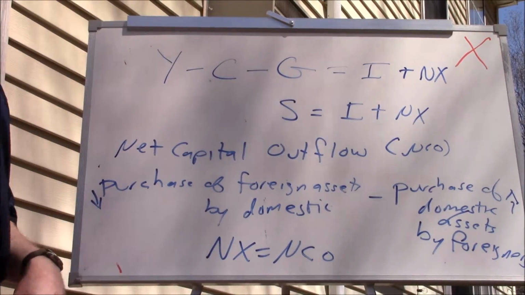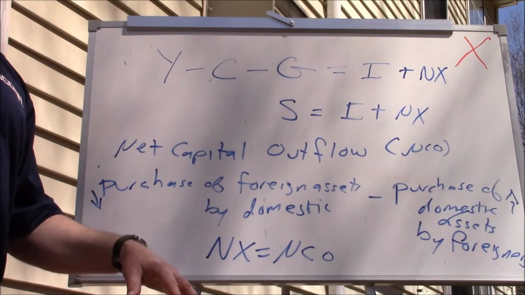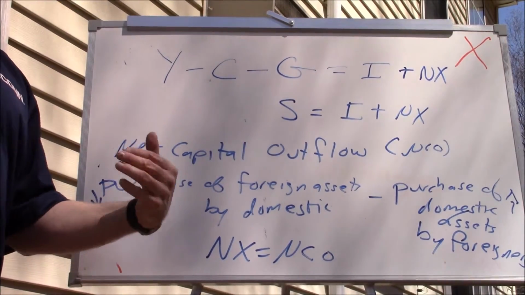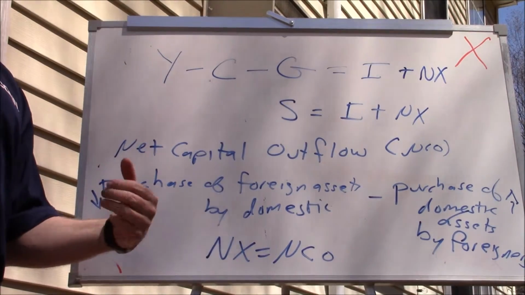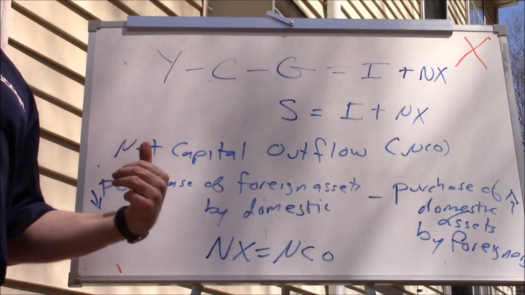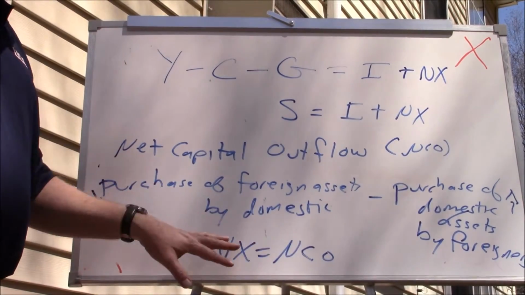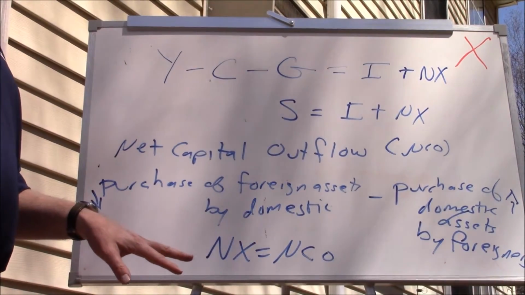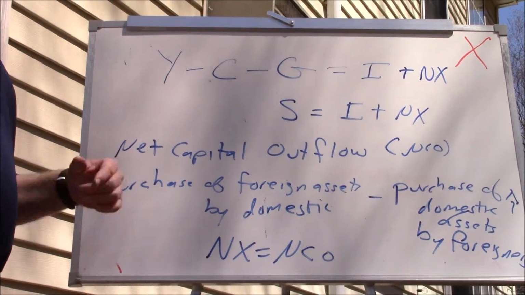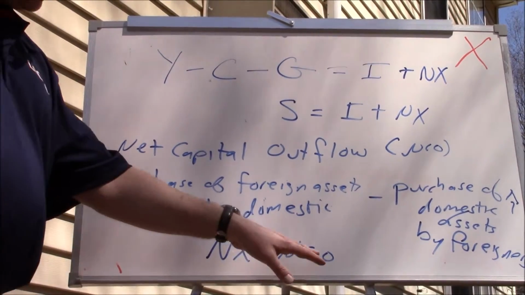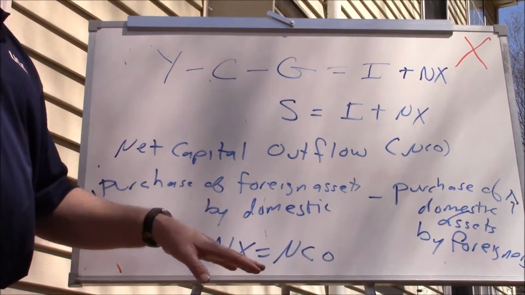Or they might buy an asset here in the United States: buy bonds, buy stocks, invest in a factory here in the United States. So either way, that money has to come back to the U.S., and if it comes back in terms of net exports, that's going to reduce net exports, and if it comes in the form of purchase of an asset, it's going to reduce net capital outflow.